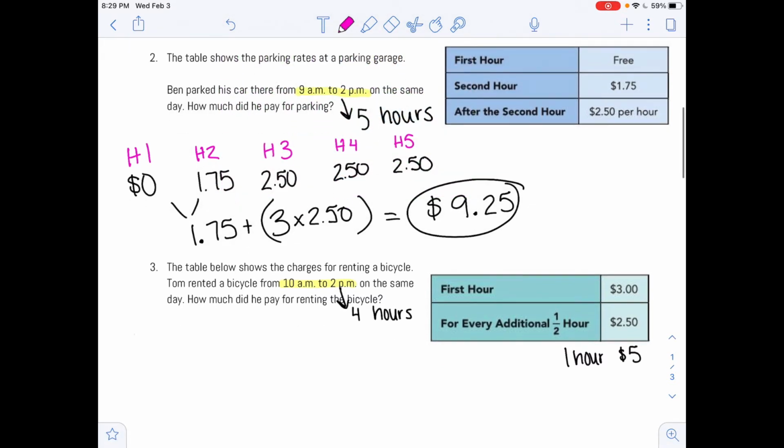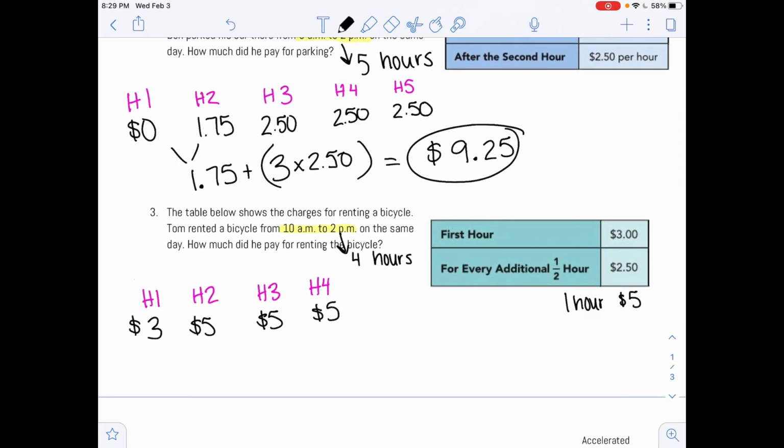If I think about what we have here for each hour, so hour 1, according to the table, he's being charged $3. And then every additional hour is going to be $5. So for hour 2, hour 3, and hour 4, each of those hours he's being charged $5.